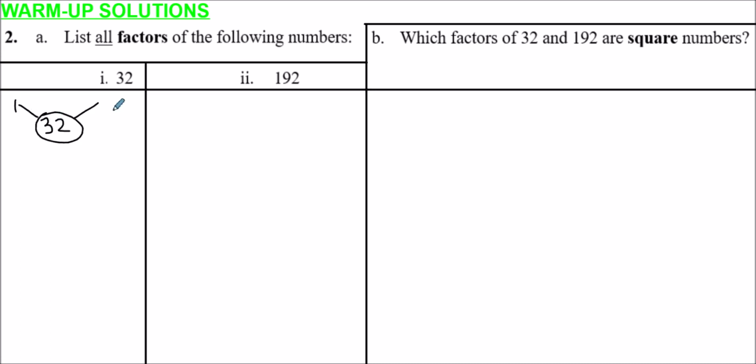So 32 divided by 1, that's 32. 32 divided by 2 gives us 16. Can't divide it by 3, but I can divide it by 4, which gives us 8. I can't divide it by 5 or 6 or 7, but I can divide it by 8, which you've already got. And so these are all the factors of 32.